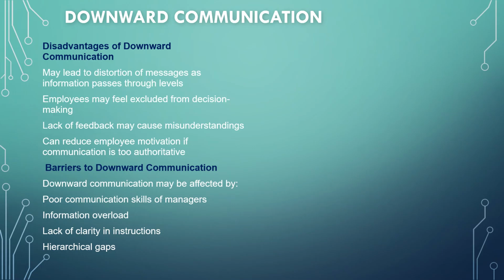Another barrier to downward communication is hierarchical gaps. We're talking now about the hierarchy, from the top management getting to the lower level employees, or from the lower level employee getting up to the top management. So when the information is flowing from the top, the barrier could be those hierarchical gaps. The information should flow from the top to the middle.